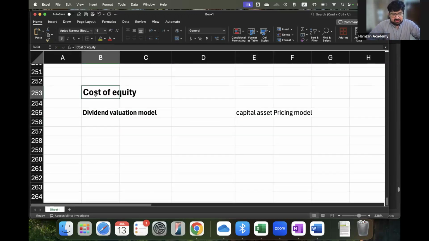The dividend valuation model is basically for the valuation of shares, but we utilize it for this purpose as well.